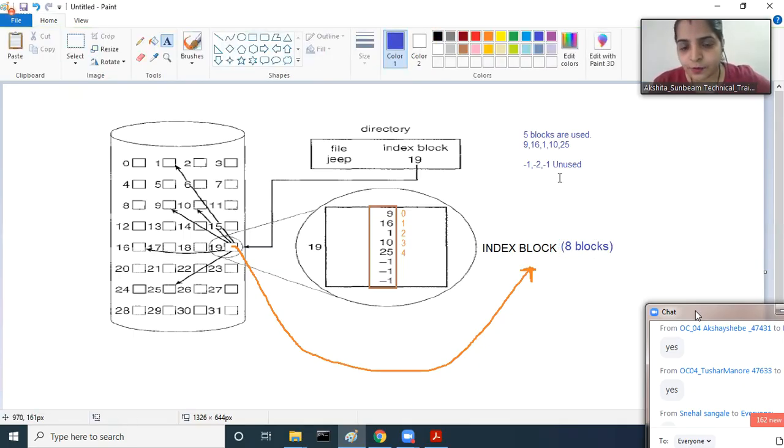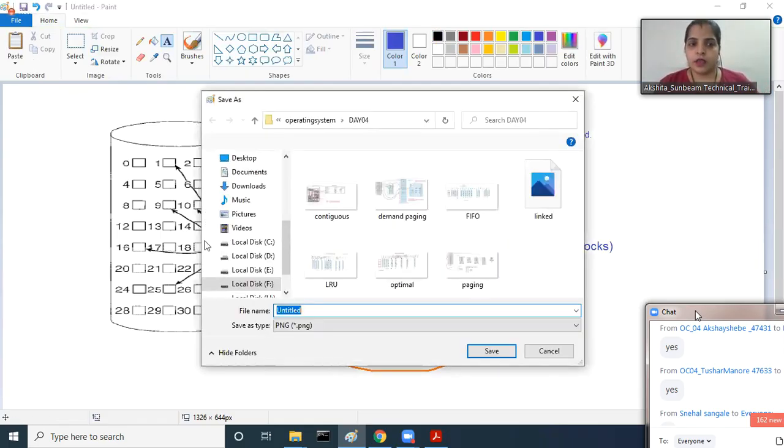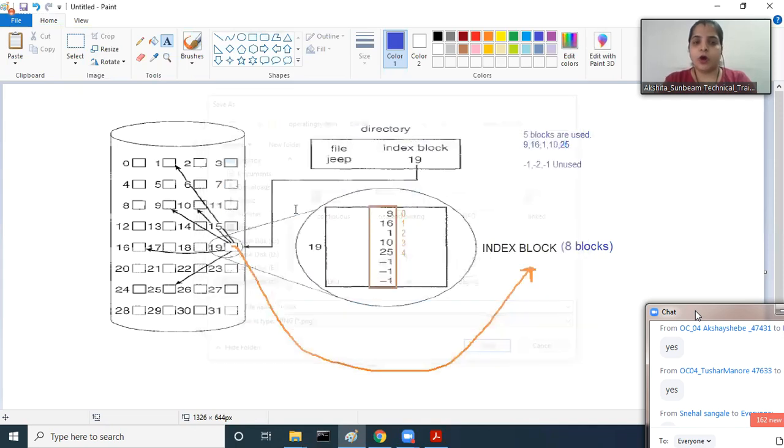As soon as the file size increases, it will allocate blocks for me. But the disadvantage of the index block is that one complete block is dedicated to indexed allocation. So this will waste more memory.